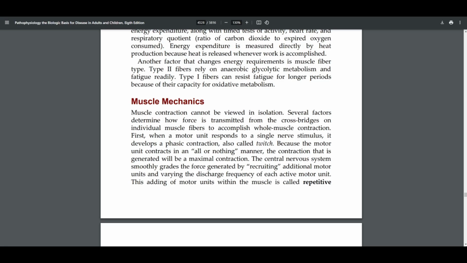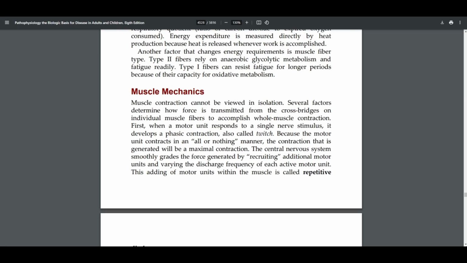So, muscle mechanics. The muscle contraction cannot be viewed in isolation. Several factors determine how force is transmitted from the cross bridges on the individual muscle fibers to accomplish whole muscle contraction. First, when a motor unit responds to a single nerve stimulus, it develops a phasic contraction, also called a twitch, because the motor unit contracts in an all or nothing manner.